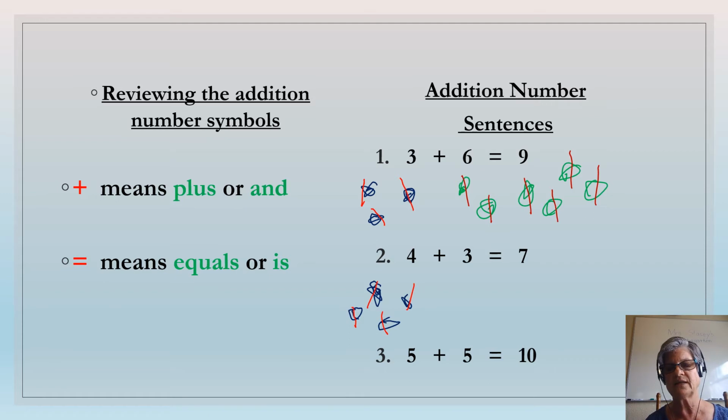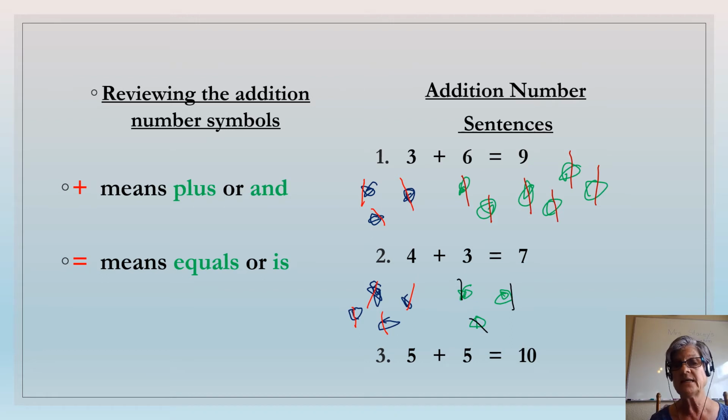Then it says plus 3. So I'm going to take another color and I'm going to make 3. I'm going to do 1, 2, and 3. And I'm going to make a line through those to make sure I have 3. Remember, if you don't put a line through it, you might have the wrong number. And if you have the wrong number, your problem will not work.